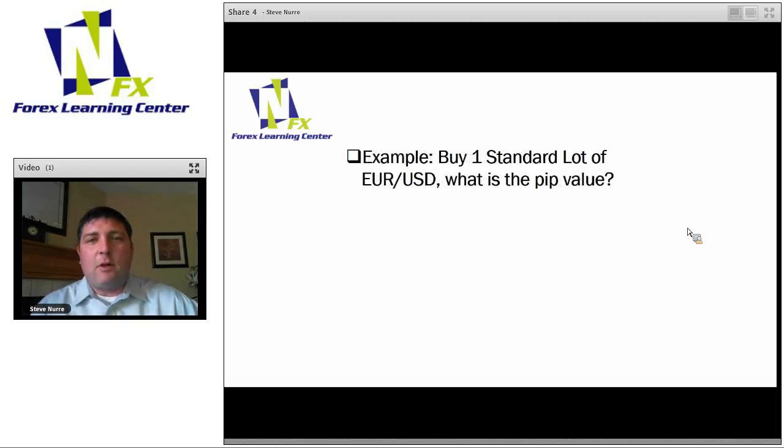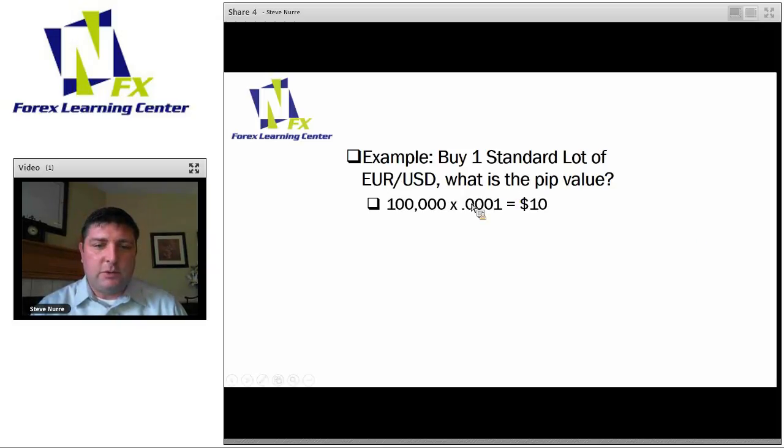So for an example, if I were to buy one standard lot of the euro dollar, what is the pip value? This doesn't change, and if you trade in a US dollar account, you never really have to worry about it changing. A standard lot represents 100,000 units of currency, and we multiply that by 0.0001, because that fourth decimal place represents 1 point.